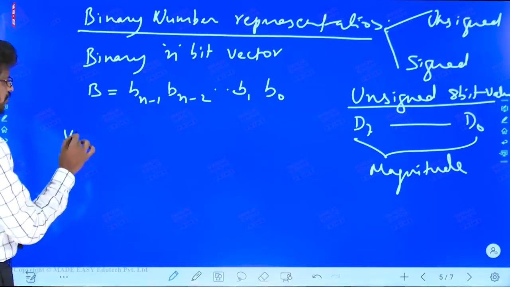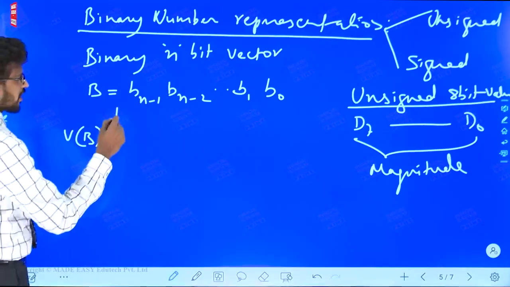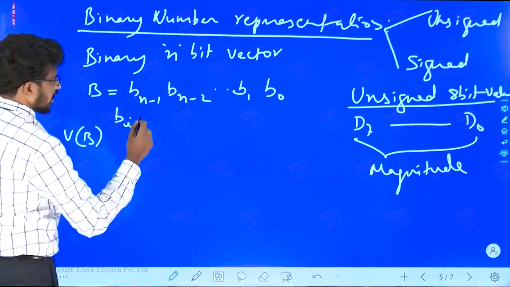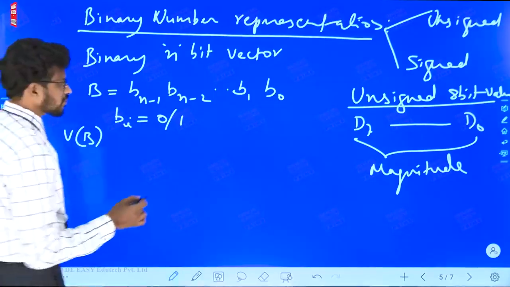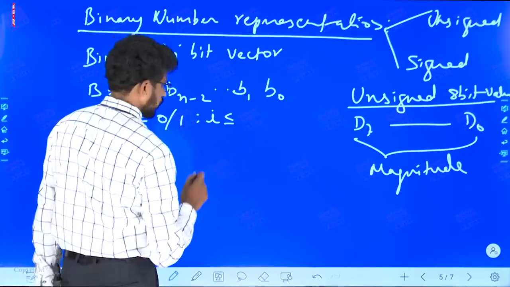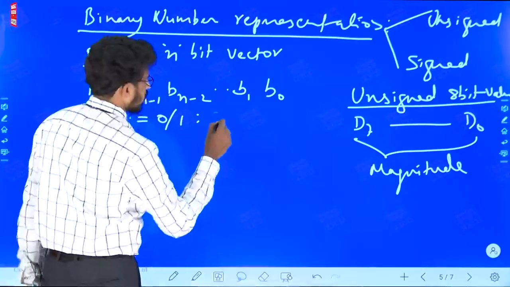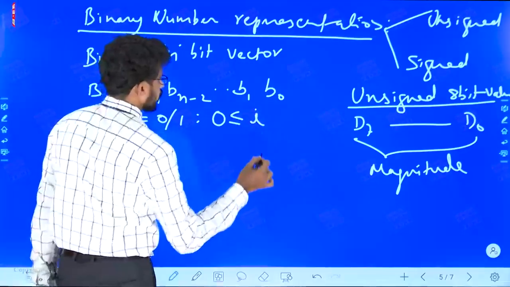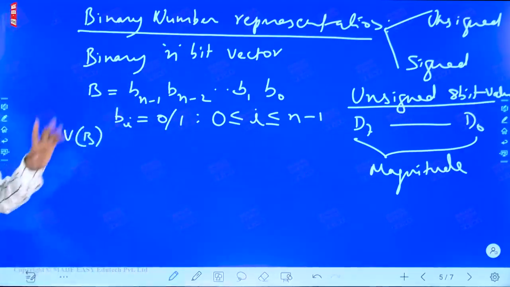I am calling it as V. So this vector can be written as, here n is the number of bits, and this b of i can be 0 or 1, binary, with i greater than or equal to 0 and less than or equal to n minus 1. So this is the condition.